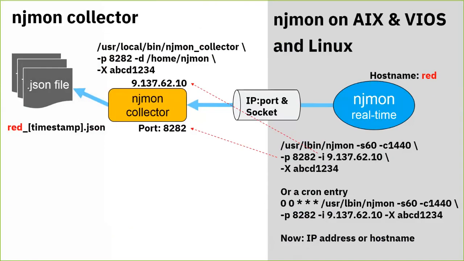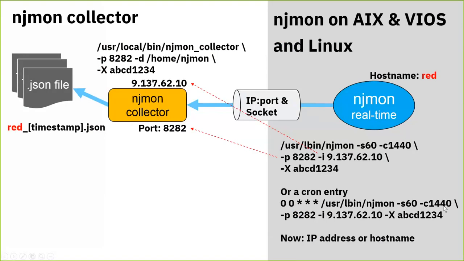This is just highlighting the commands you'd run to start the collector and the port number, for example, and you have to match that over here when you're actually running NMON and have the same secret. And you can put it in cron, for example, so you kick off a new NJMON at midnight. Yeah, once a minute for 1440.